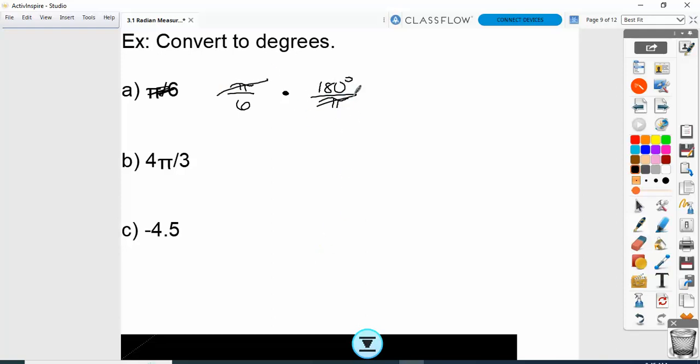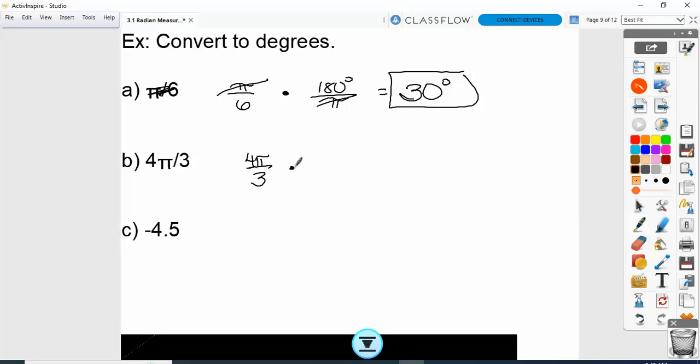So my pi's drop. I have 180 divided by 6, which is 30 degrees, but we have to put that degree symbol. I've been kind so far writing it in if you leave it off, but now we have to have it when we mean degrees. Four pi over 3.